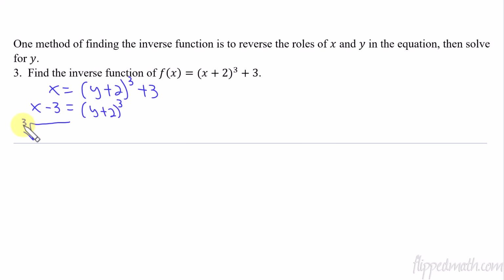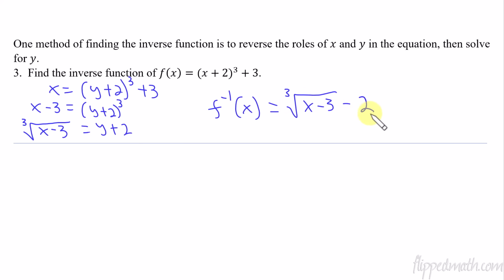So the cube root, that's the cube root of x minus 3, equals y plus 2, and then you subtract 2 from both sides and we're done. So instead of y equals, I'm going to say f inverse of x equals the cube root of (x minus 3), minus 2, because I subtracted that 2. So this here is the inverse function of the original, from the very beginning.